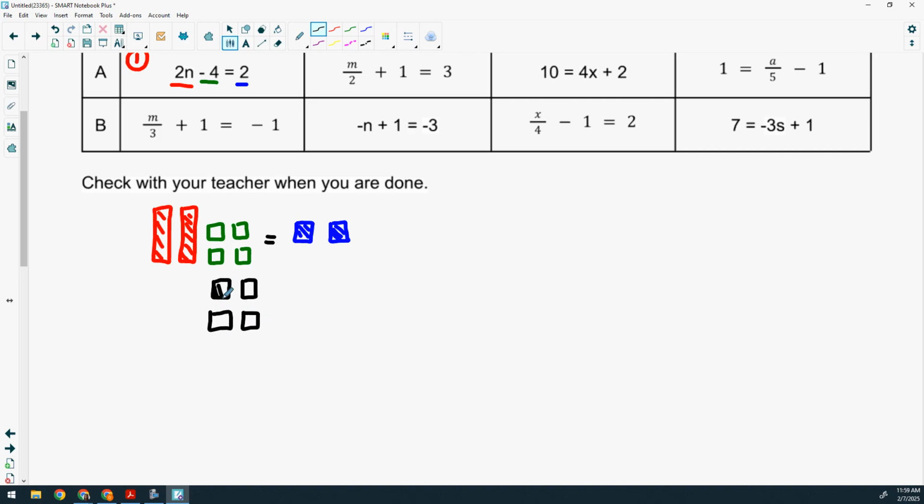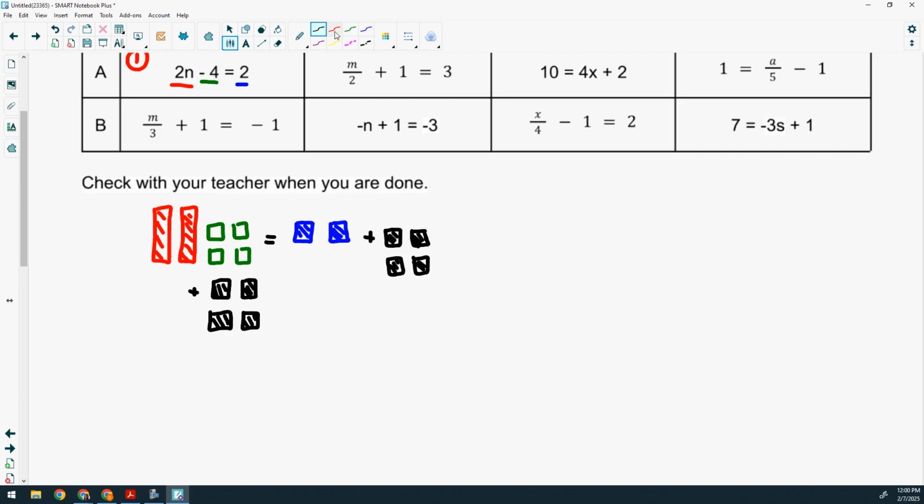And I need to shade them in because they're positive. And what I do to the left side of the equation, I must do to the right side of the equation. So I'm going to have +4 here. Shade them in because they're positive.